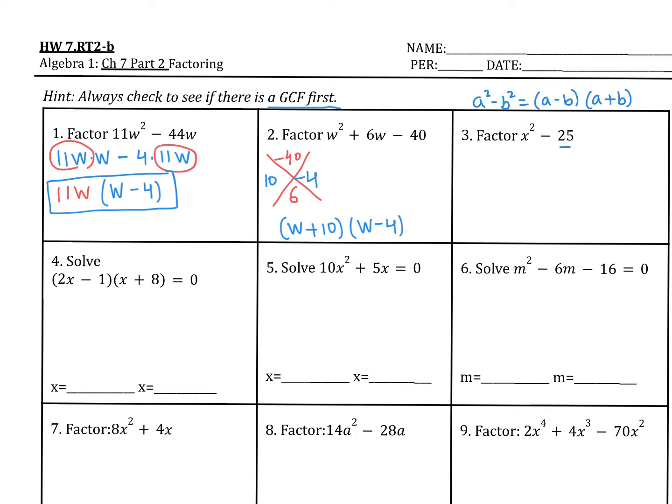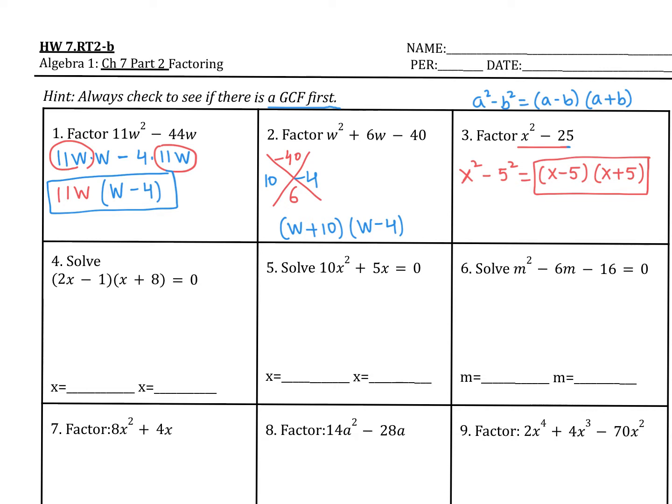You're going to rewrite the same equation and write it as x squared minus 5 squared, because 5 squared is still 25. Now this looks like a squared minus b squared. So you're going to write it as x minus 5, x plus 5. And that's the factored form of x squared minus 25.